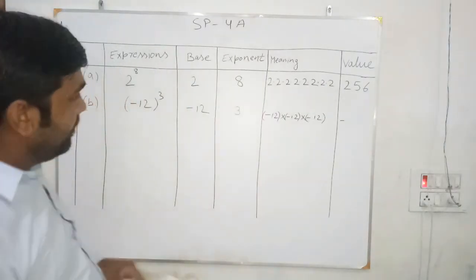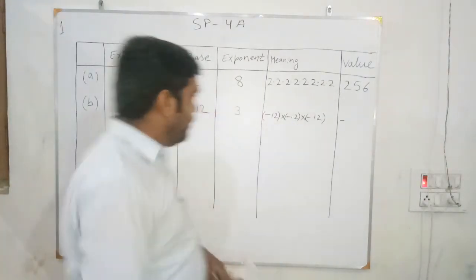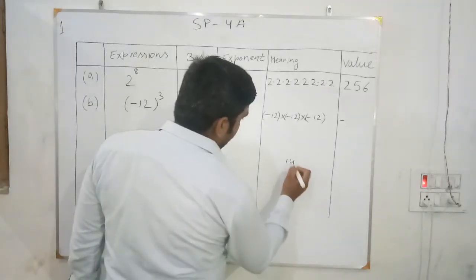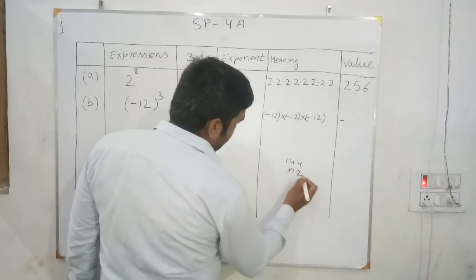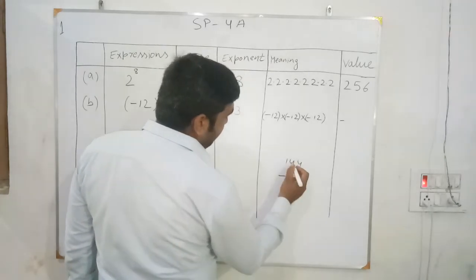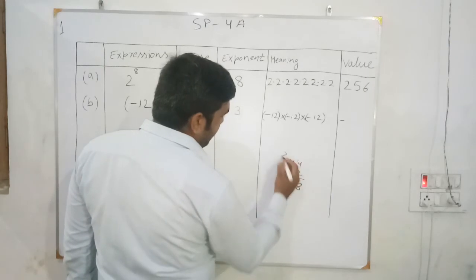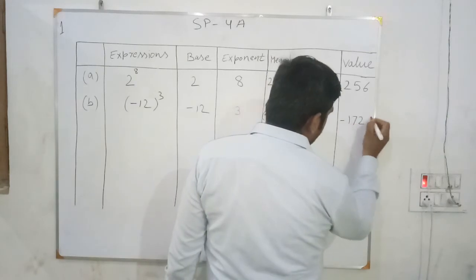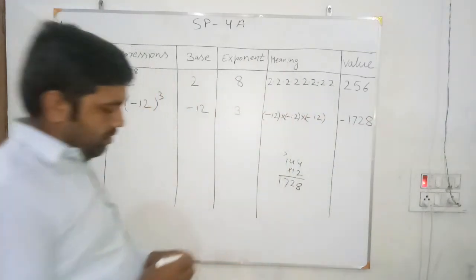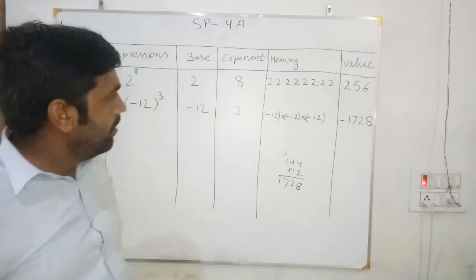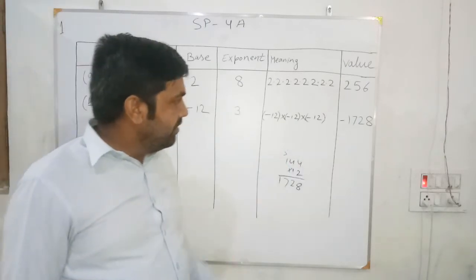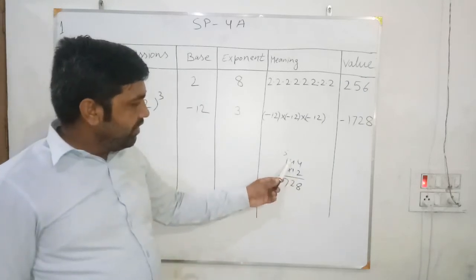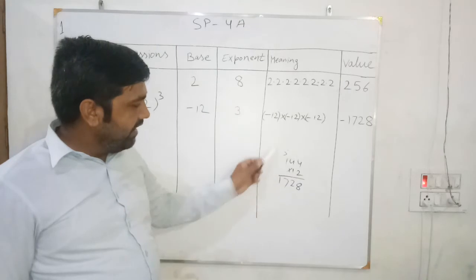And what will be the result? 12 twelves are 144, and 144 twelves are? So we multiply 144 by 12 and find the result. 12 fours are 48, 8 carry 4, 12 fours are 48, plus 4 is 52, 2 carry 5, 12 ones are 12, plus 5 is 17.